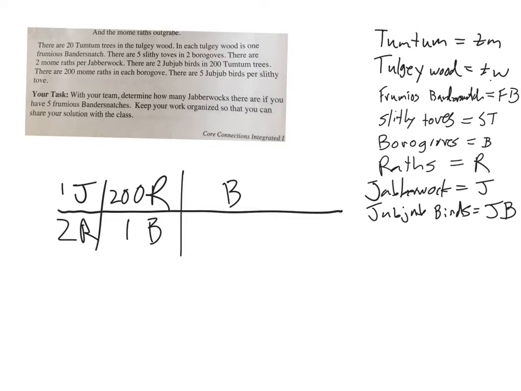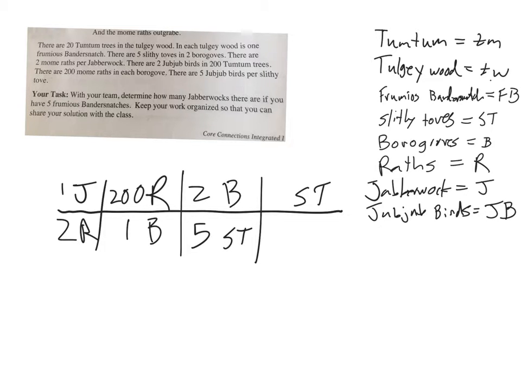What do I know about Borogroves? There are 5 Slithy Toves in 2 Borogroves. So for every 2 Borogroves, there are 5 STs. I have STs on the bottom, so I have to have STs on top.